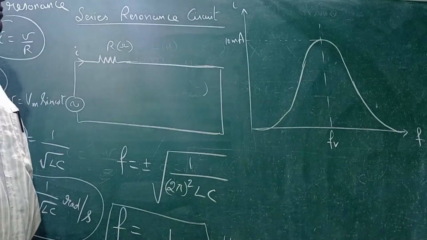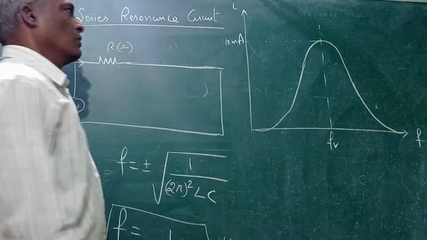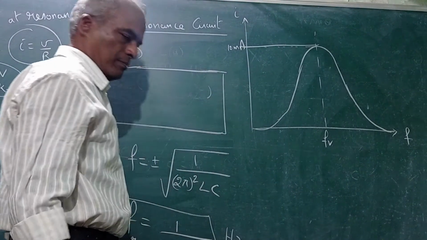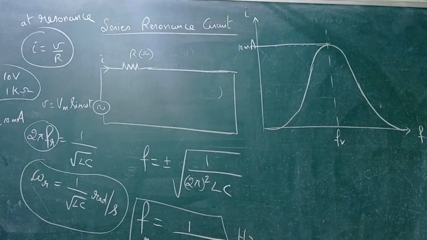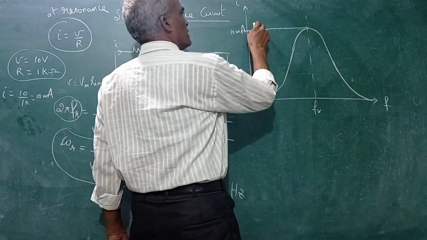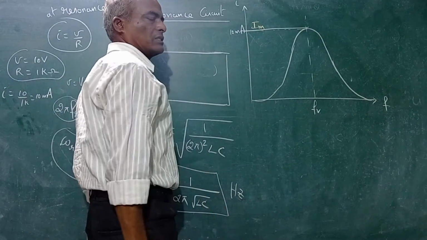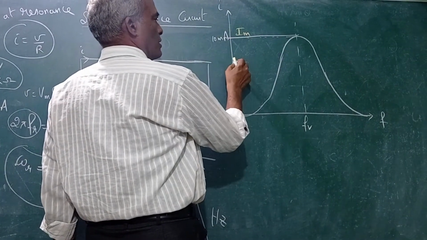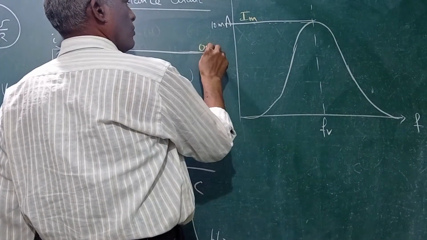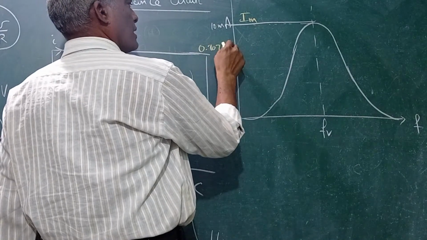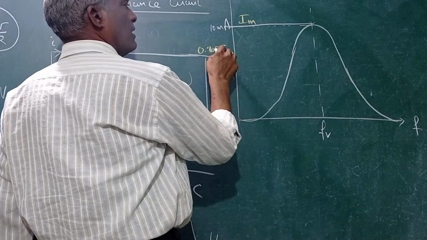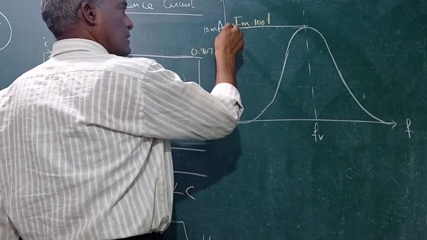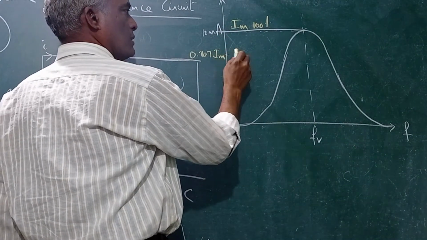Now we have to define what is bandwidth. Now this is the maximum value. I am calling this IM, the maximum current flowing in that circuit. From this you take 0.707 the maximum value. Suppose this is 100%, then you are considering the 70.7% value.